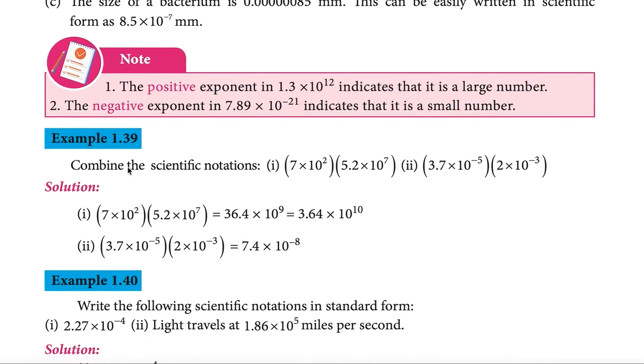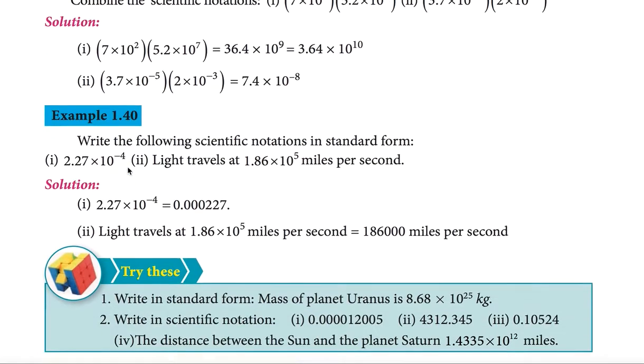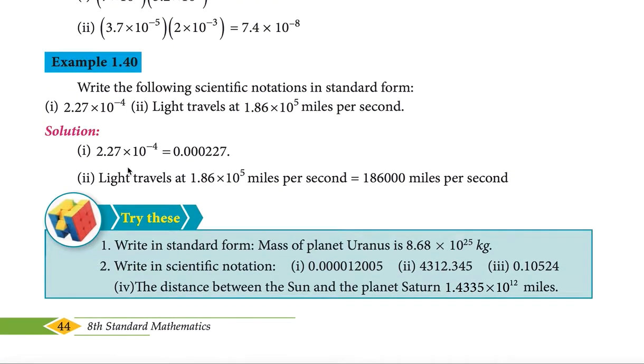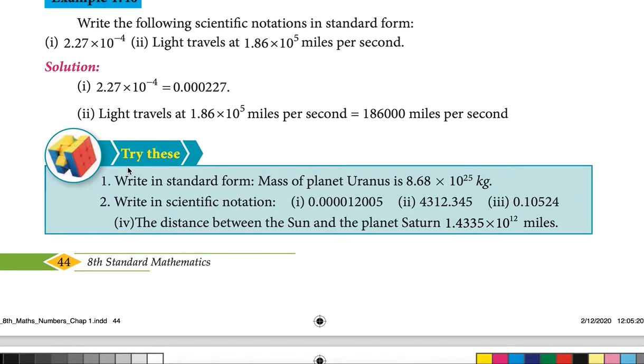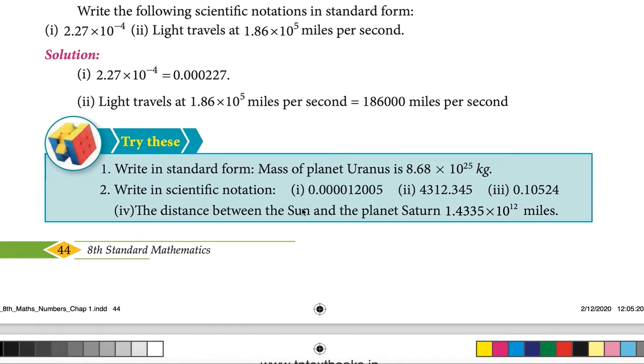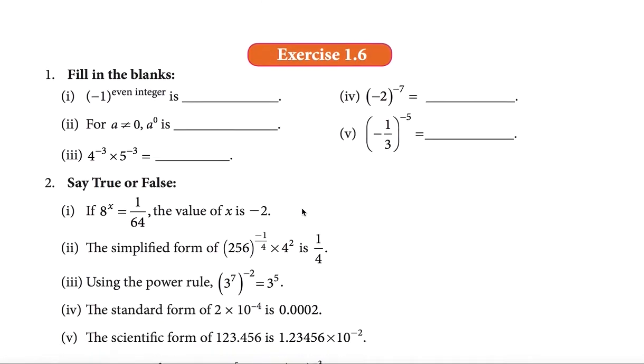The positive exponent indicates that it is a large number. Negative exponent indicates that it is a small number. So this thing you write it in a scientific notation.